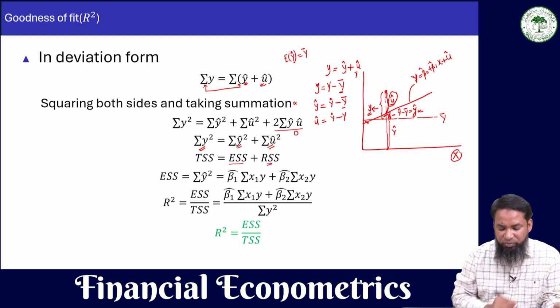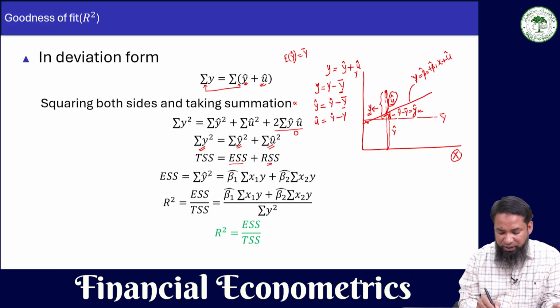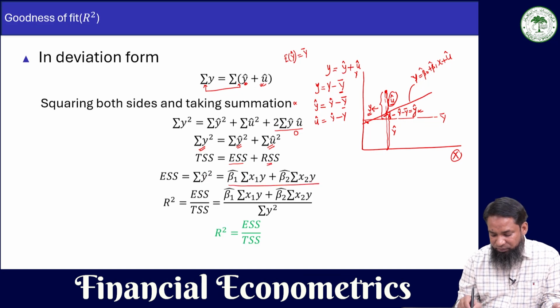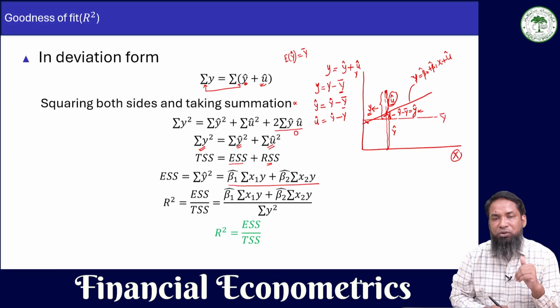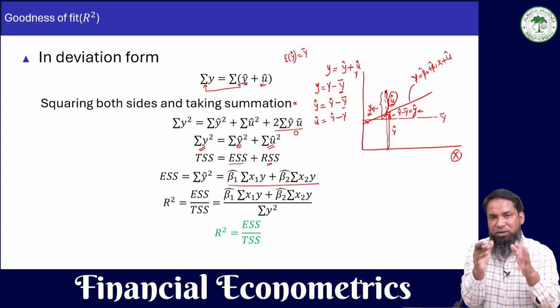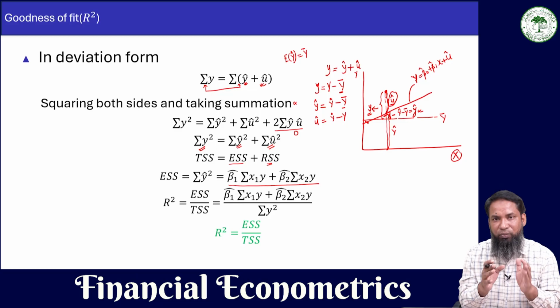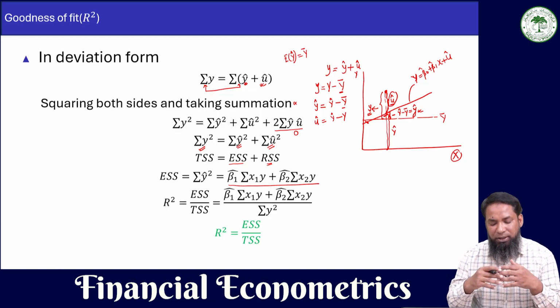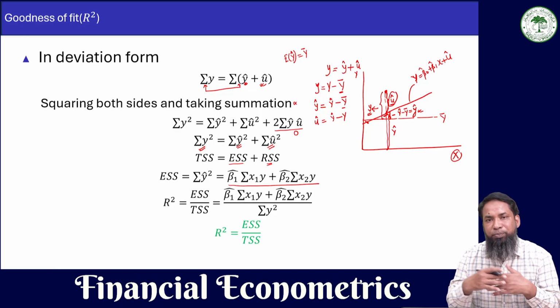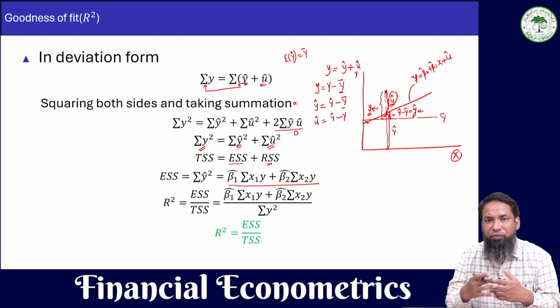Now the explained sum of squares, that is the summation of y hat square, could be written in this format here. Now what is the r square? R square, basically we wanted to know how much variation of total y is being explained by the regression line. To measure that, it is always better to measure in percentage terms, not in absolute value.